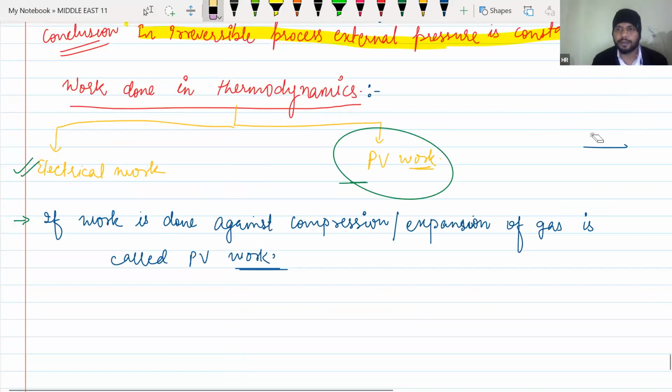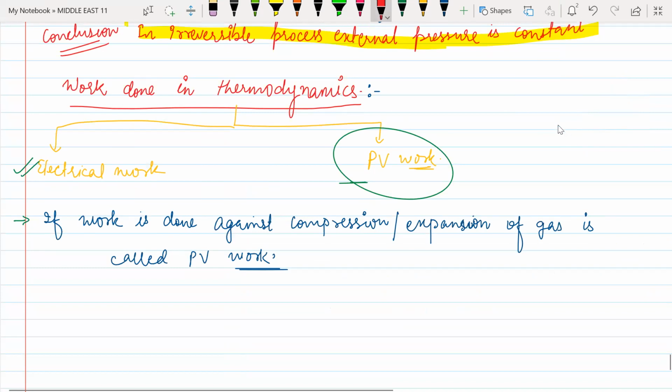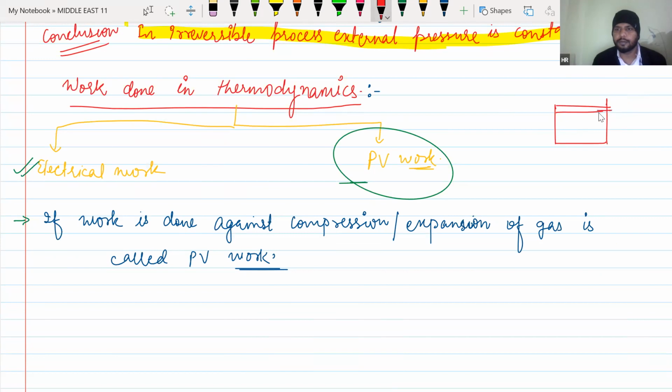Everyone, Krishna, am I audible to you? Yes, sir. Now see, here I had drawn a graph. This is the piston, and if you apply external pressure, will it be compressed or expand? It will be compressed. Here what it says, work is done against compression or expansion of a gas is called PV work, and we will discuss about PV work now, how it will affect, and we will derive a formula.